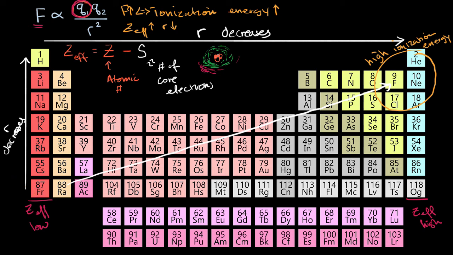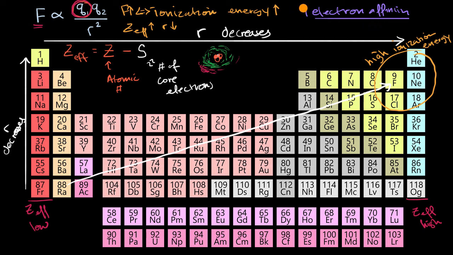Now another trend that we can think about, which is in some ways the opposite, is electron affinity. Ionization energy is talking about the energy it takes to remove an electron. Electron affinity thinks about how much energy is released if we add an electron to a neutral version of a given element.